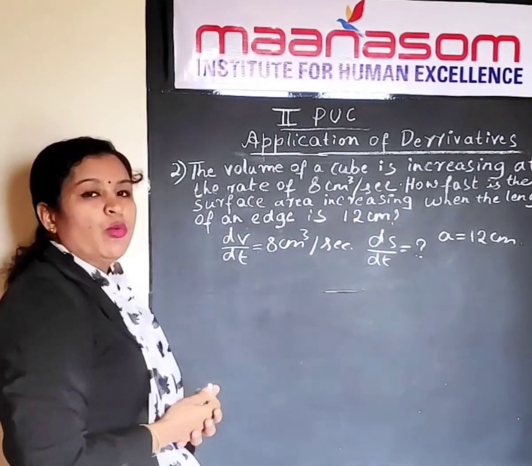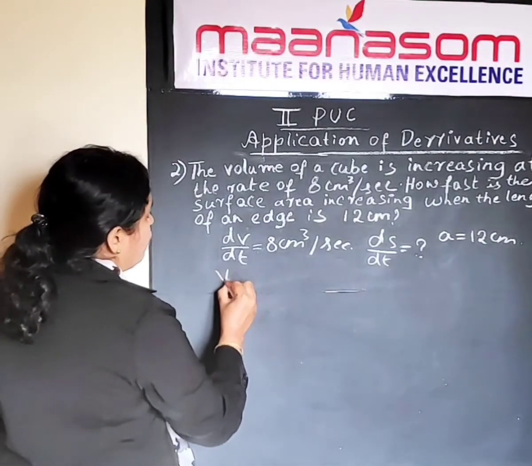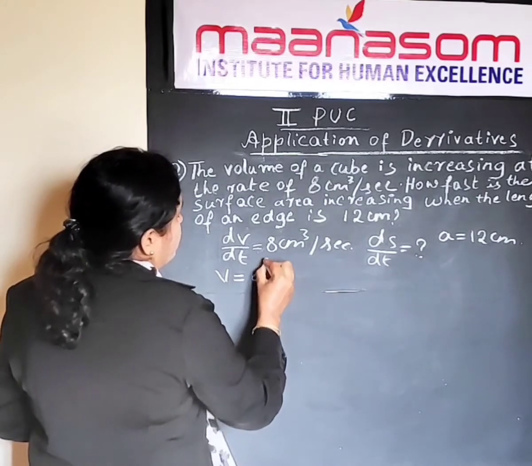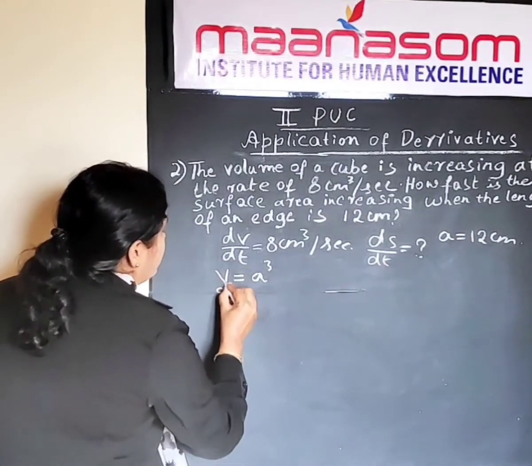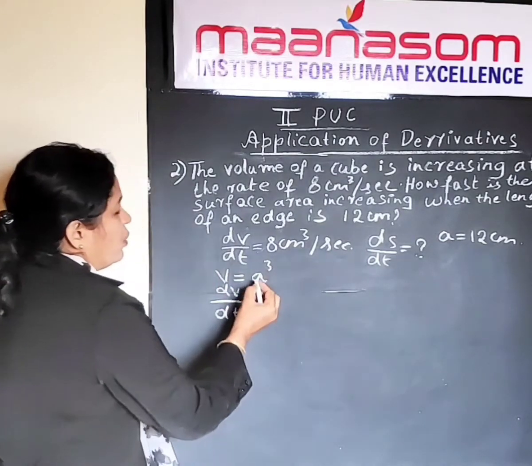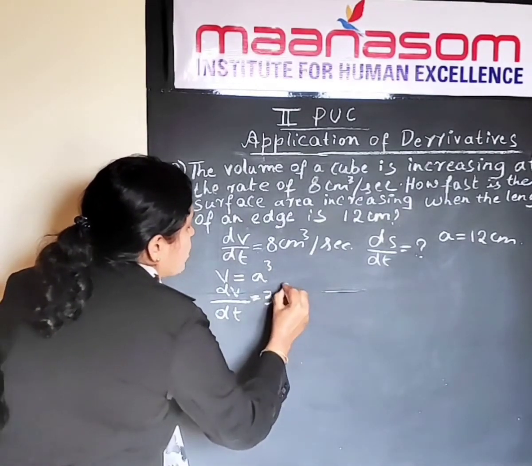Now we know the volume of a cube. What is the formula for the volume of a cube? V is equal to a cube. Differentiate this. So dV by dt will be equal to, when we differentiate a cube, we get 3a square.